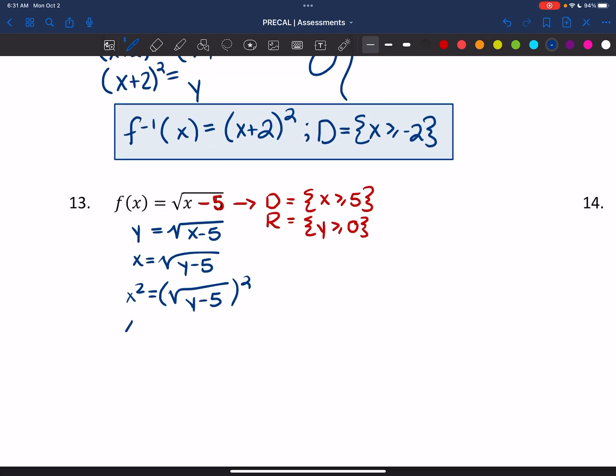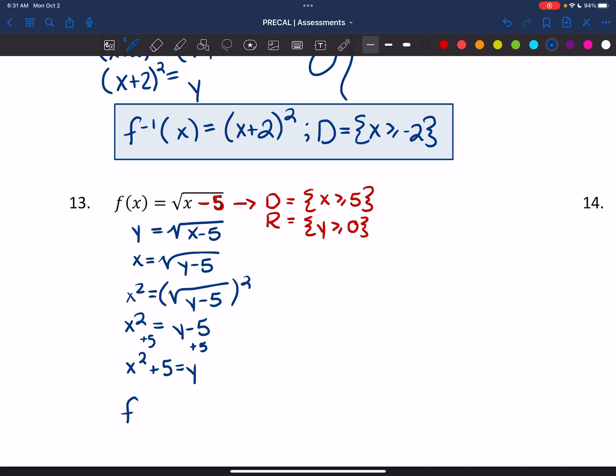And then that gives us the y minus 5 without the square root. We have undone that operation. Last thing we need to do is add 5. And that comes after the squaring. It was done after that operation, so the 5 is not squared. The 5 is just added at the end.